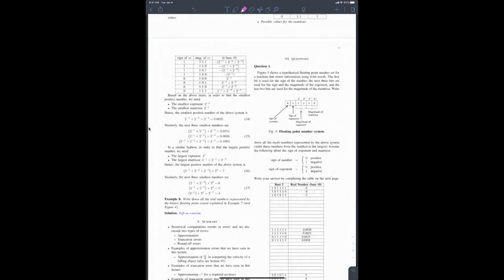For the floating point implementation, we write numbers in this form: the number is equal to m times b to the power e. b is the base, e is the exponent, and m is the mantissa.